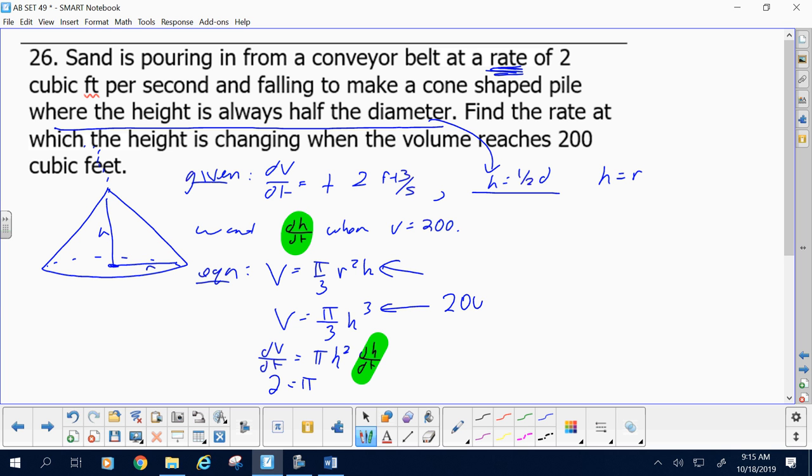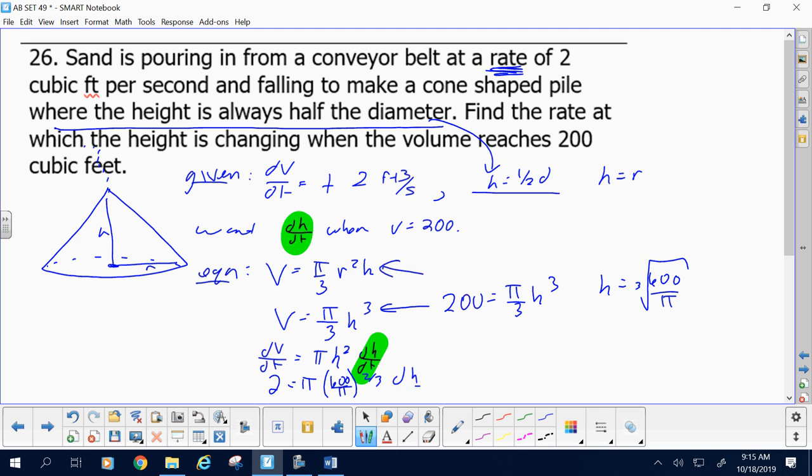So 200 equals pi over 3 h cubed implies h is 600 divided by pi, then cube rooted. So this would be something like 600 over pi cube rooted and squared, or to the 2/3 power, or something like that.